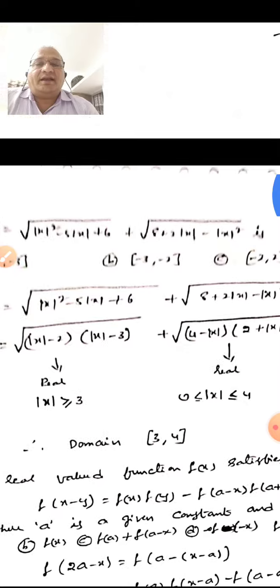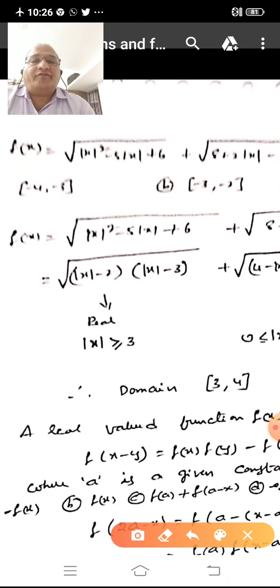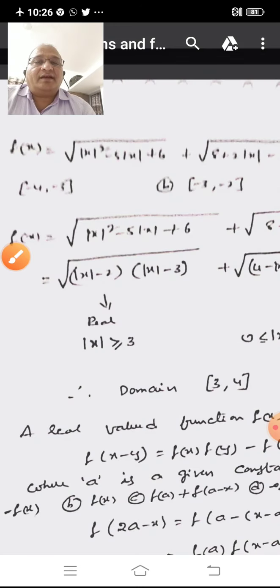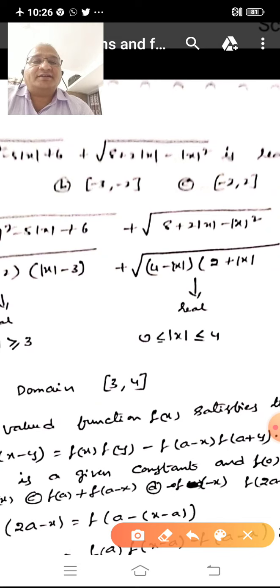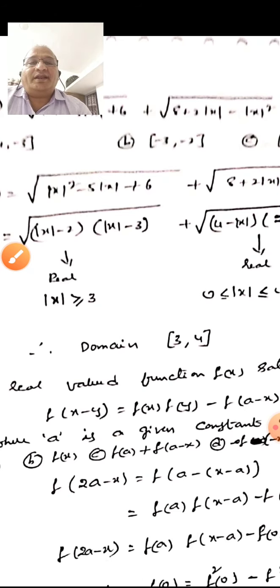See, I have written it in factor form. The first expression I written in factor form: modulus of x minus 2 into modulus of x minus 3. Whereas the second expression I also factorized: it is 4 minus mod x into 2 plus mod x. So the under root should be real.